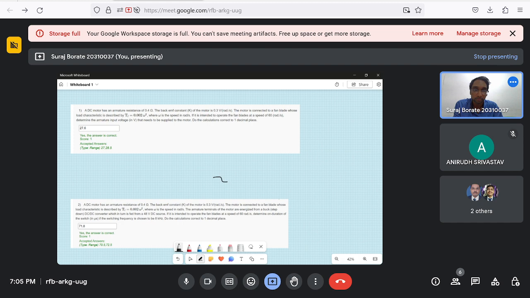Now we just have to apply on time upon capital T is equal to D. So on time is equal to 0.575 into capital T. Capital T was 125 microseconds, right? So what is the final answer? 71.8 microseconds. So anyone has doubt? Do you want me to repeat? Please let me know.